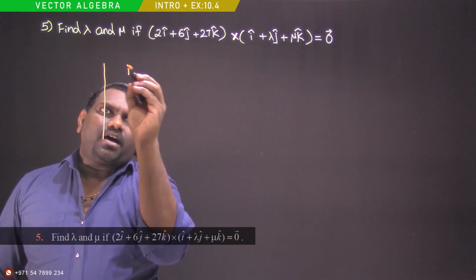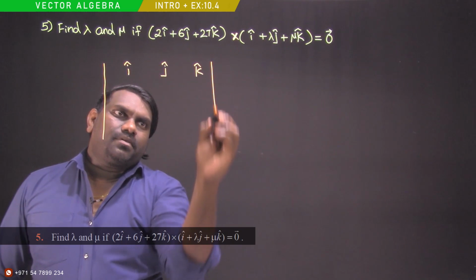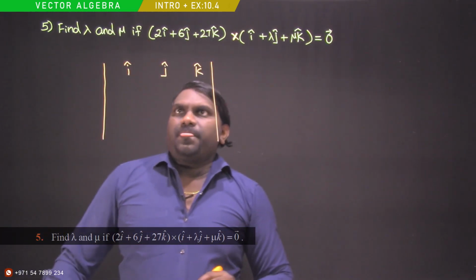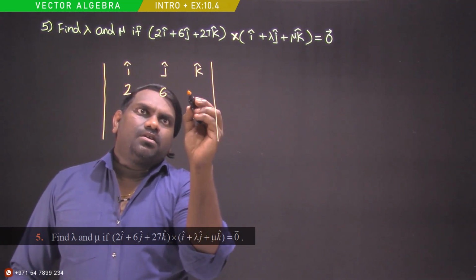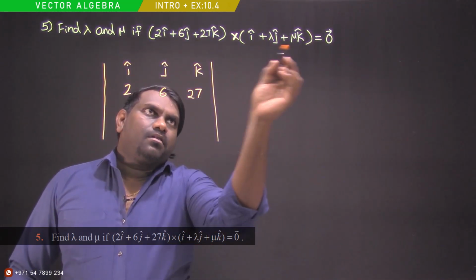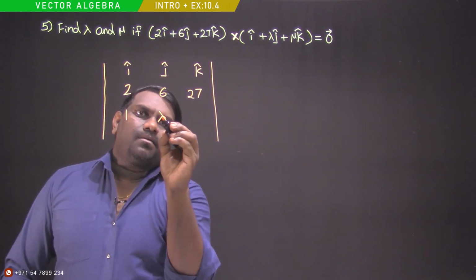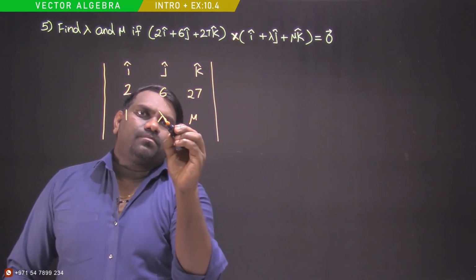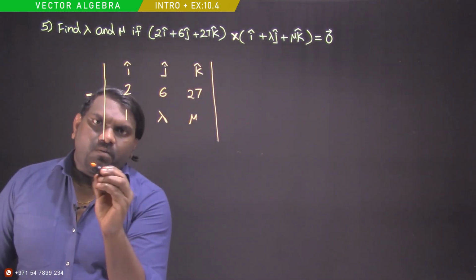So in that case, I cap, j cap and your k cap are there. Then you have these terms, which are 2, 6, 27. Here comes 1, lambda and your mu. Fine. So what will I get here?